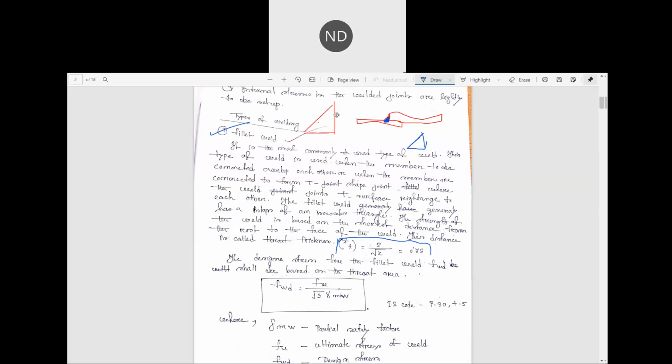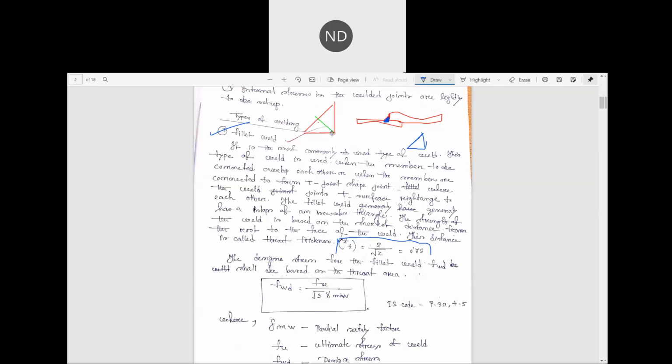Suppose this is your fillet weld, the strength of this particular weld will depend upon the shortest distance. Suppose this is your shortest distance from here, the center. This green one you're looking at will decide the strength of the weld. That means from the root of this weld to the face of this weld will determine this distance.